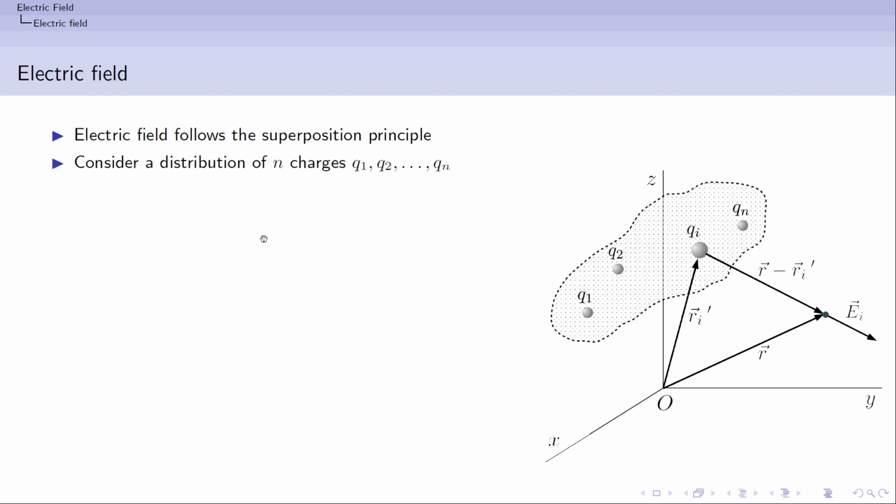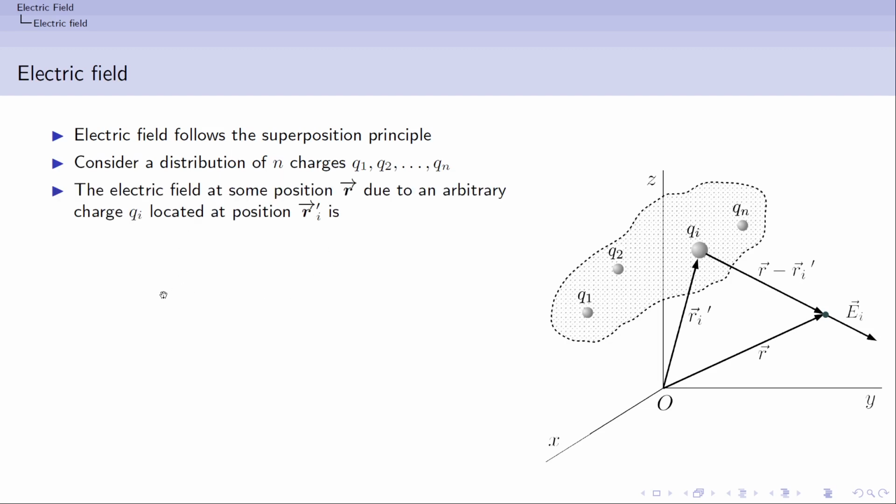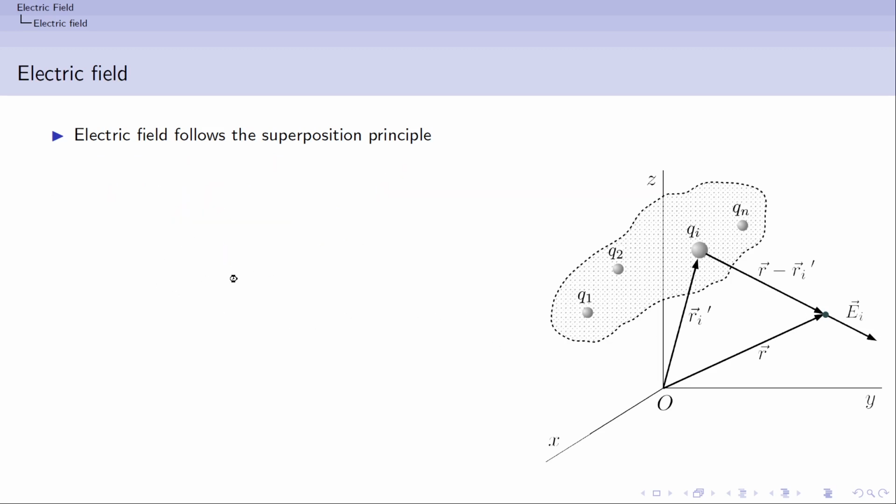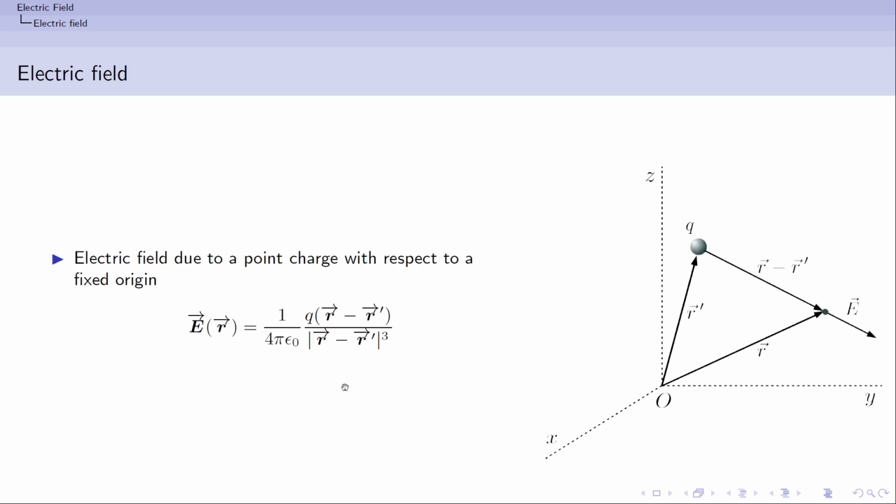So we have a charge distribution q1 to qn. Then this Ei is basically the expression for a single point charge, with a subscript i: Ei equals qi, r minus ri prime, divided by modulus r minus ri prime whole cube, the same expression.